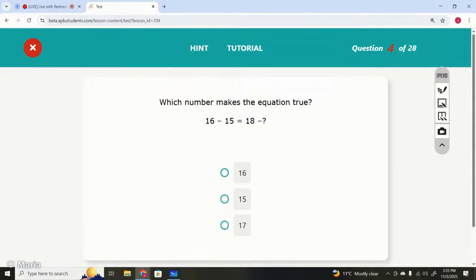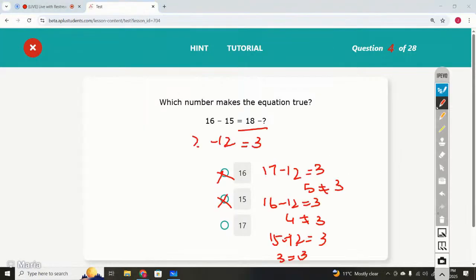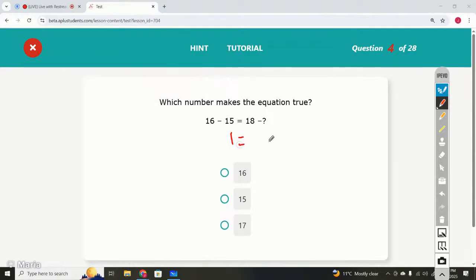Which numbers make the equation true? 16 minus 15 equals 18 minus the missing number. So 16 minus 15 is 1. So 18 minus what number equals 1?